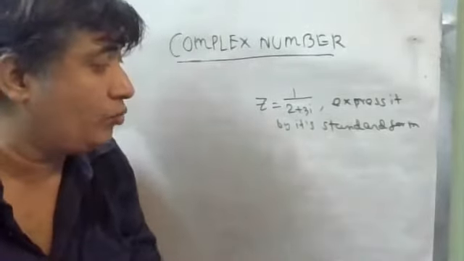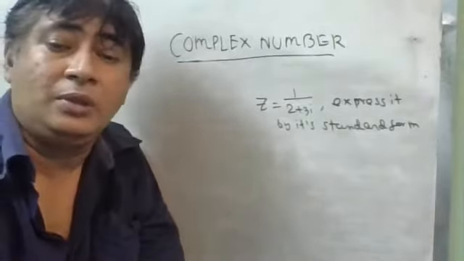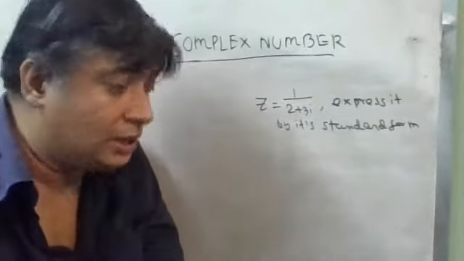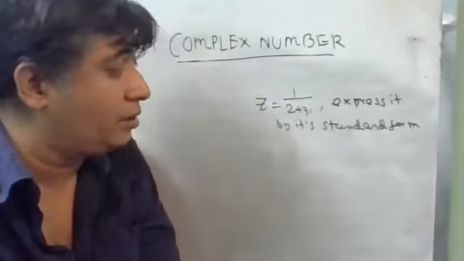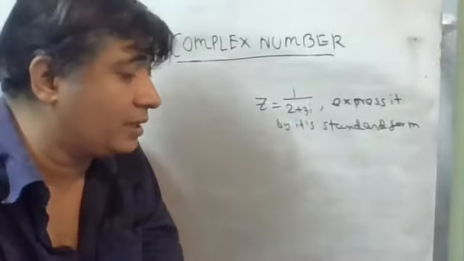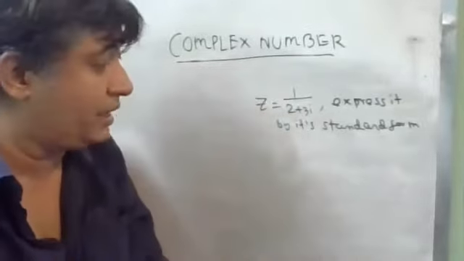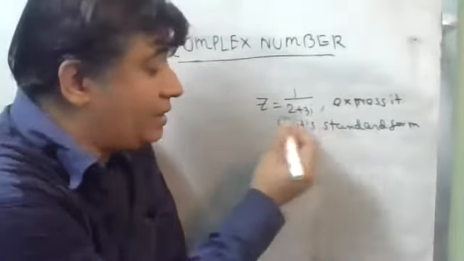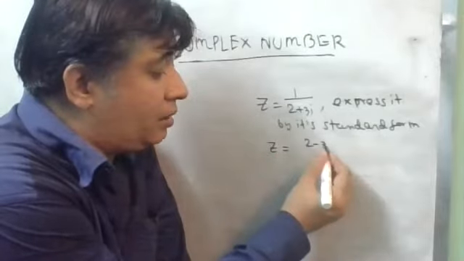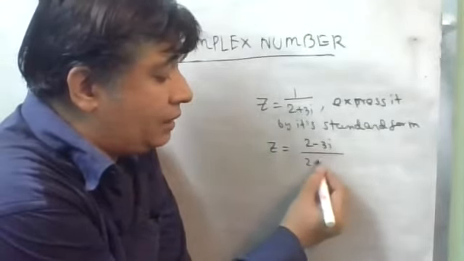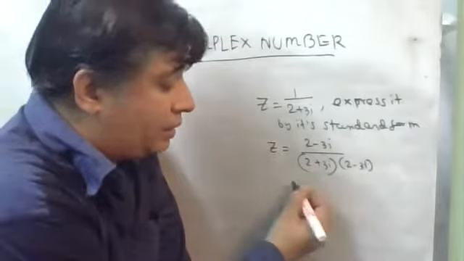So what is the mechanism? You have to multiply the denominator's complex expression by its conjugate to bring a real number. See, 2 plus 3i, its conjugate is 2 minus 3i. So you multiply 2 minus 3i in numerator and denominator.